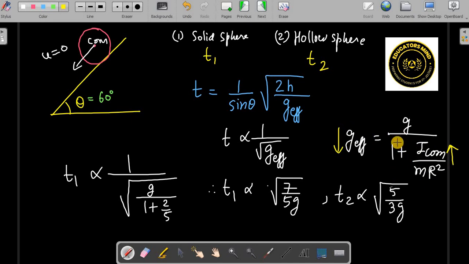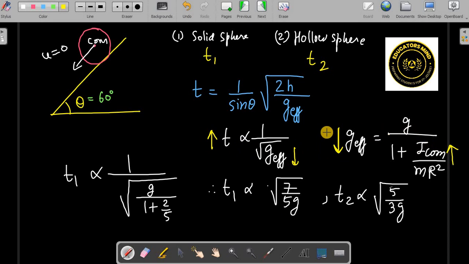So for hollow, this I center of mass is larger, so g effective decreases, so time will increase. Correct? Because I center of mass is larger, g effective will be smaller, and if g effective is smaller, time will be larger, because time is inversely proportional to root g effective.